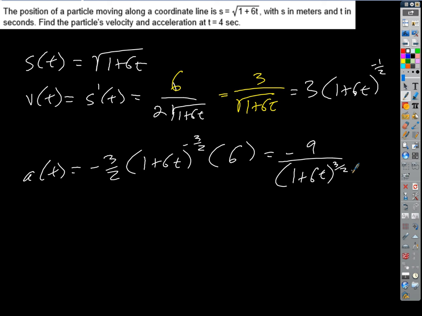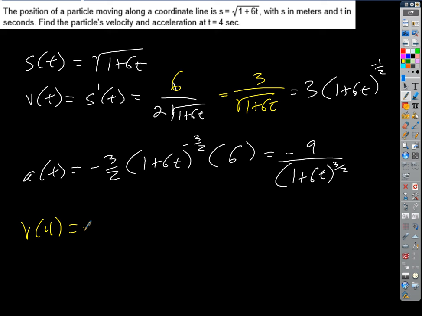All they wanna know is if position is in meters and t is in seconds, what's the velocity and what's the acceleration when t is 4? So we're just evaluating these functions at 4, no big deal, right? So v of 4. And really, these were easy to simplify.